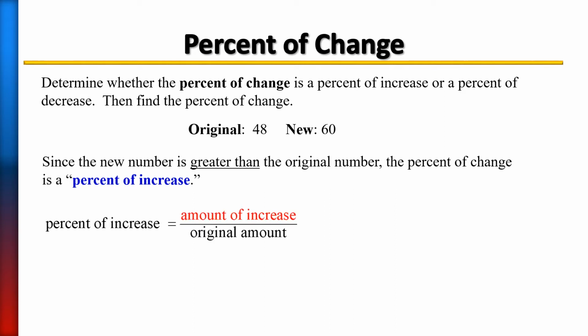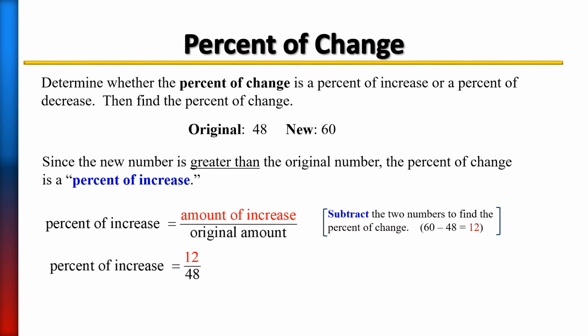So first let's find out how much it increased by. You simply subtract the two numbers. So there was an increase of 12. So 12 would be on top, and on the bottom is your original amount, 48. So your fraction would be 12 over 48.